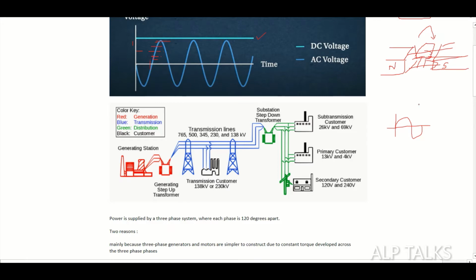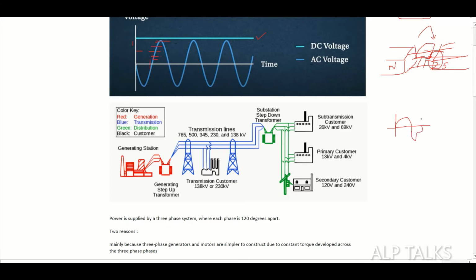If the magnetic field is uniform, the way of producing EMF is different. Say one of the poles is distorted or damaged, then what happens? The EMF is not induced fully sinusoidally. It may be distorted, like this.